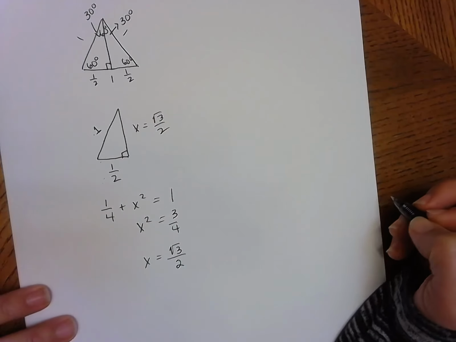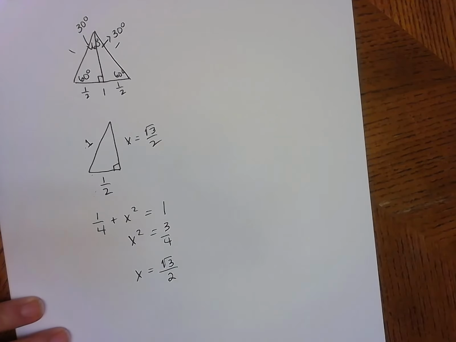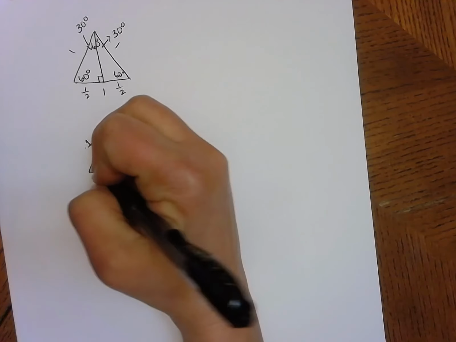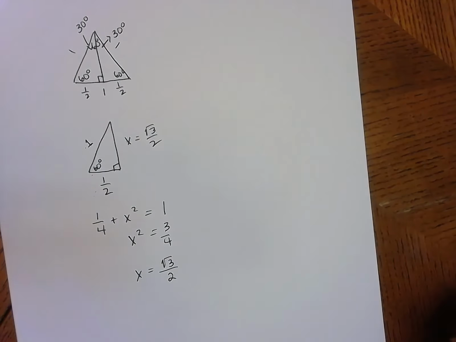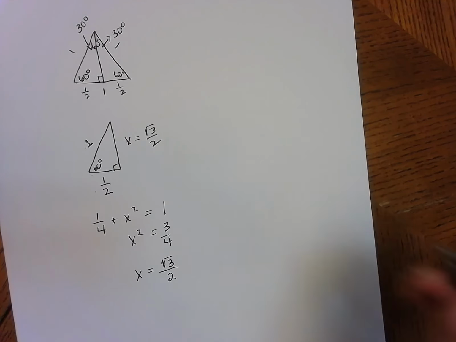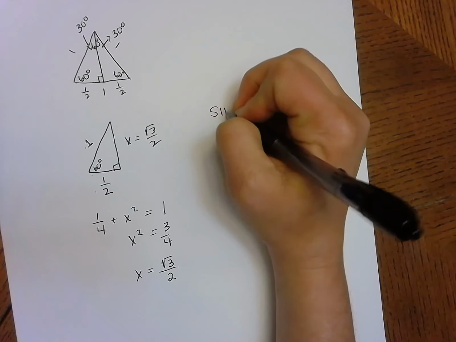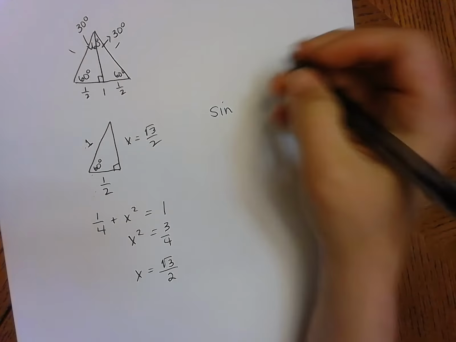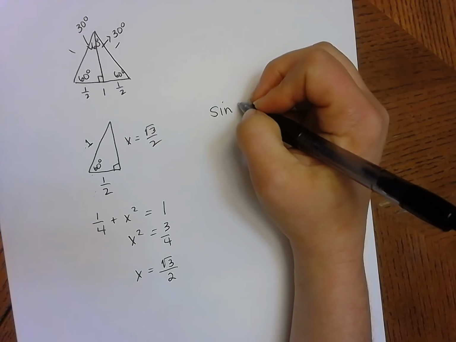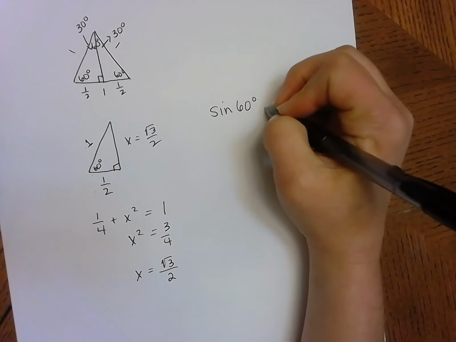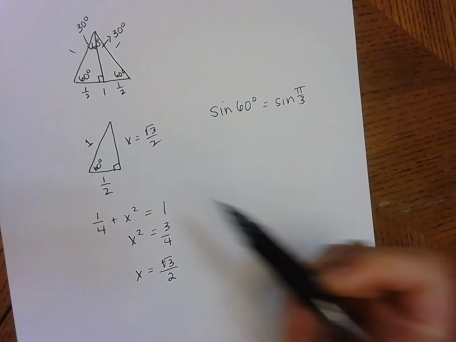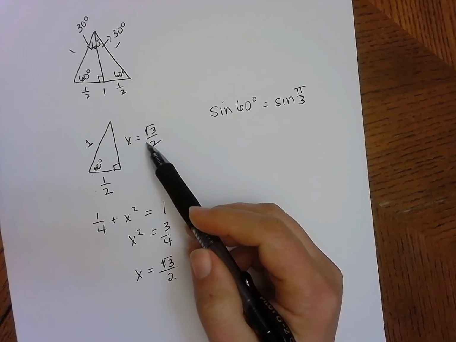So let's write out our trig values now. We'll go here first. This is our 60 degrees. We're just going to do sine, cosine, and tangent because we can always do the reciprocal every time. So we'll call this sine of 60 degrees, which is also the sine of pi over 3, and that is opposite over hypotenuse.